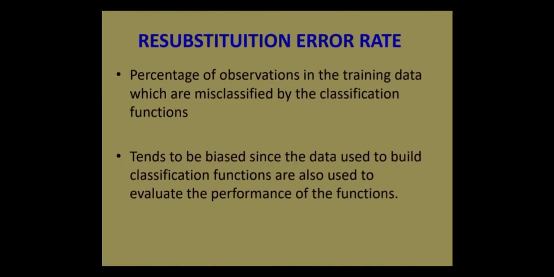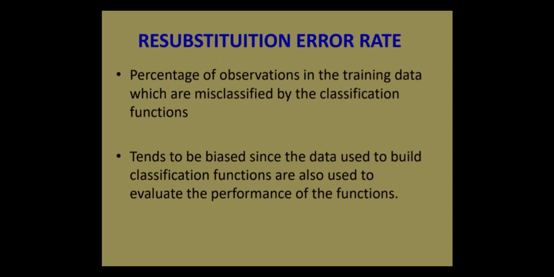Pelaksanaan nak dapatkan this confusion matrix sahaja yang berbeza. Okay, so how? Untuk resubstitution error rate ni, we have the data, kan? And then from that we create the misclassification function ataupun discriminant function. Let's say kita gunakan 30 observations. So we use these 30 observations to create the discriminant function.